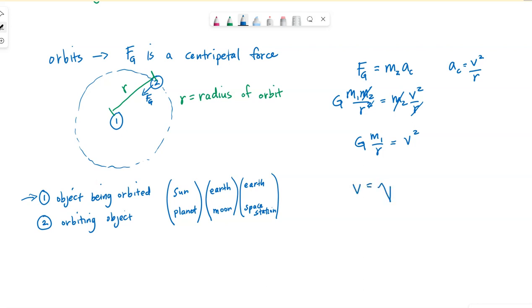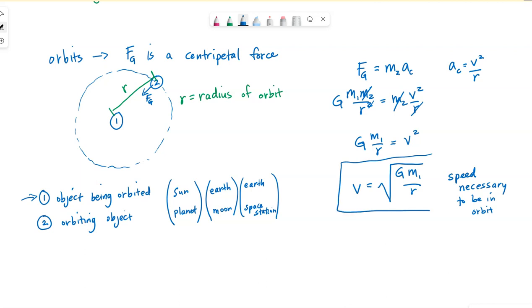This v is the speed necessary to be in that orbit. The moon, to have that specific radius from the Earth, has to be traveling this fast.